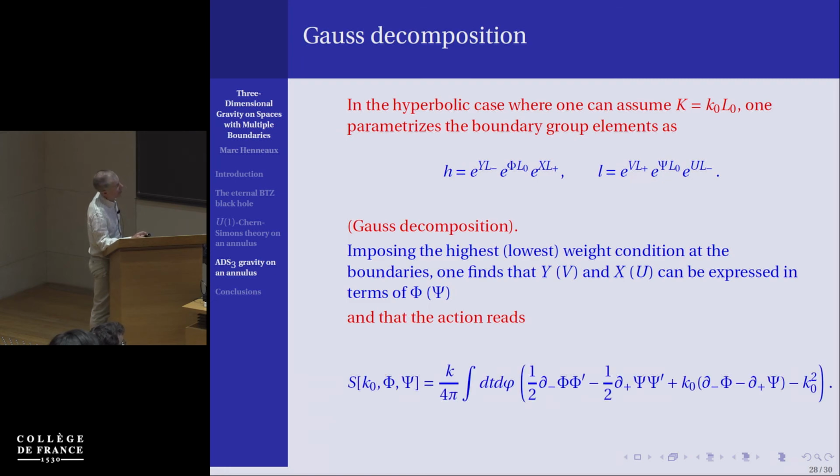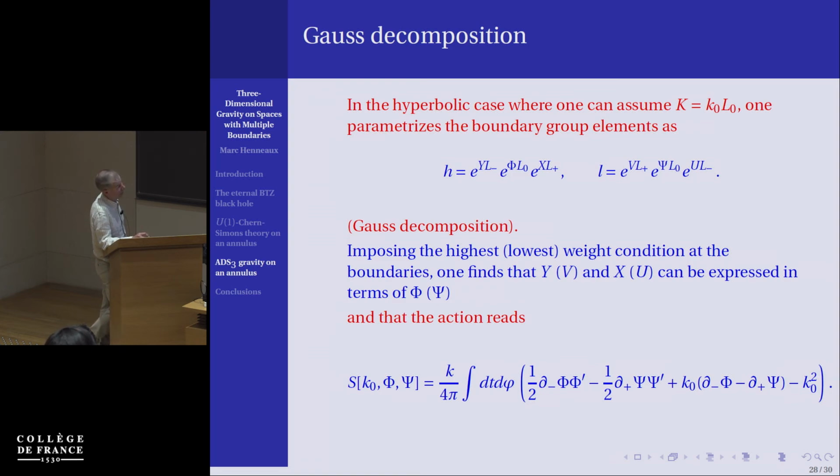If you write the action, you start from the Chern-Simons action, you plug in the expression of the vector potential in terms of H, L, and the holonomy that I gave you, assuming the holonomy is along L naught, and in the end this is what you get. You see that you get, again, an action which looks like the action that we obtained for the U1 theory.